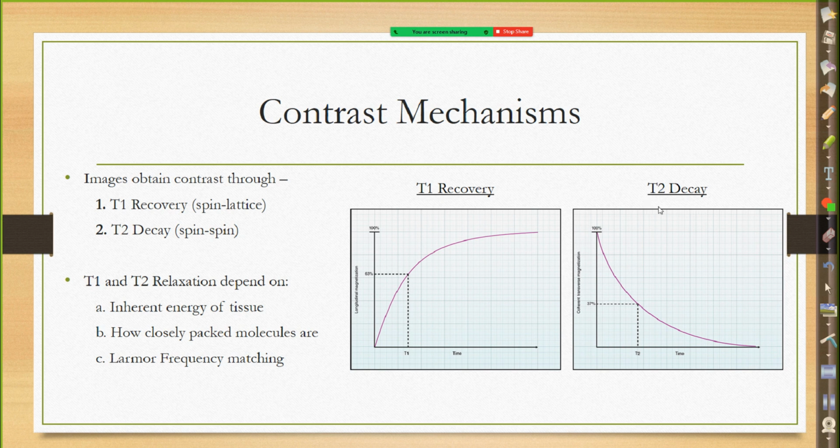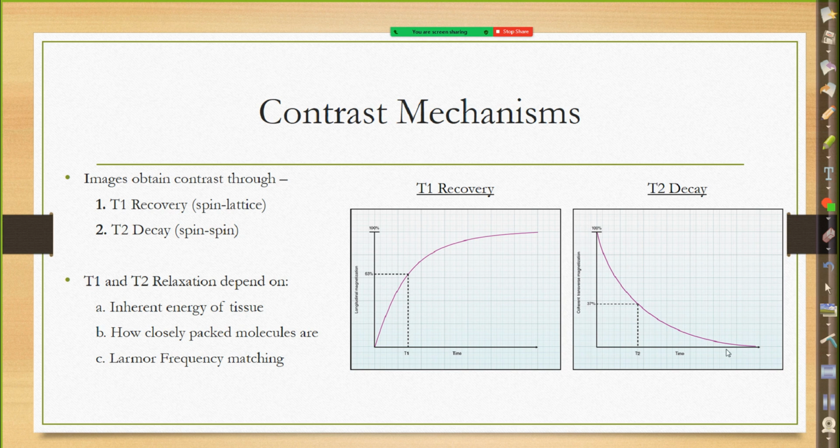And then you see your T2 decay curve, it's going down. And what it's talking about is how that vector is decaying or decreasing along that transverse plane. So once we flip it into that transverse plane and we turn off that RF pulse, it goes from 100% ultimately down to 0 once those tissues have fully decayed.